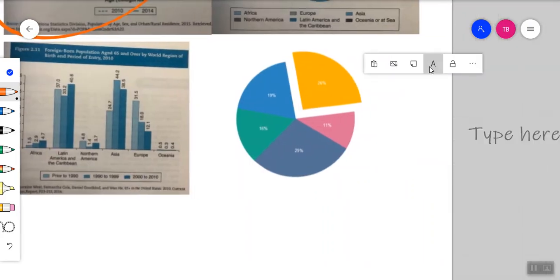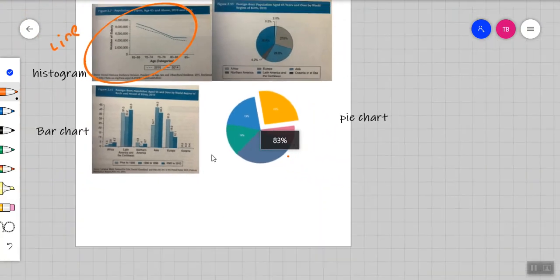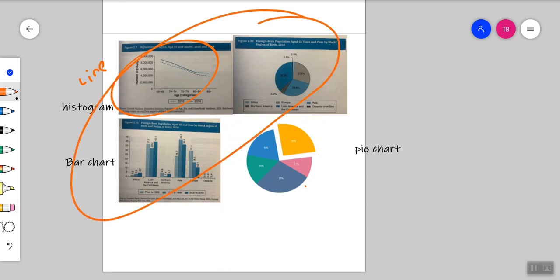I'm sure you probably run into these at some point in your life, whether academically or just watching the news. And so depending on what you're trying to present, these three, for instance, are all saying the same thing. They're just displaying it in different ways. So perhaps whatever your story is or whatever point you're trying to get across, you might use a histogram or a line chart, a pie chart, or a bar graph to try to show your point.